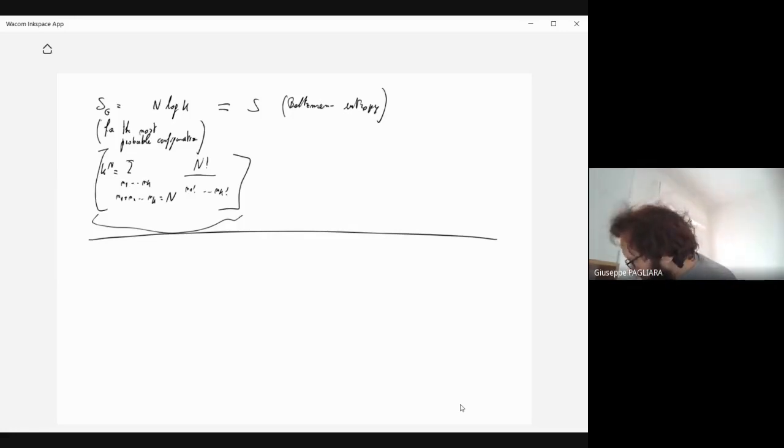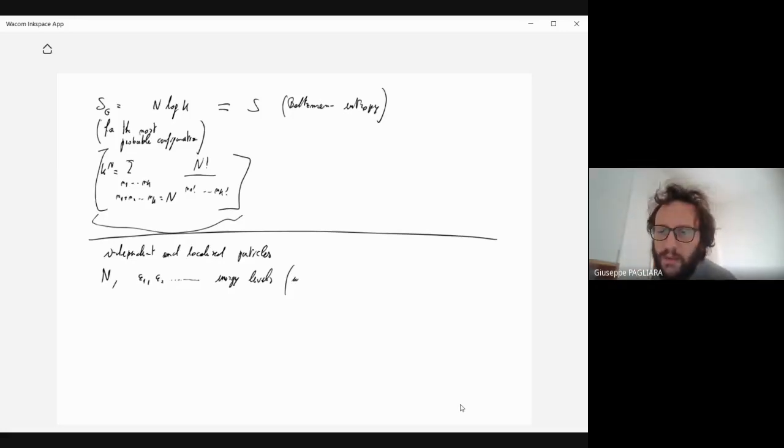Namely, let us consider now the case of N independent and localized particles, and let us consider the case in which we have energy levels epsilon 1, epsilon 2, and so on. And let us suppose, which is typically the situation in physical systems, that the spectrum is unbounded from above.